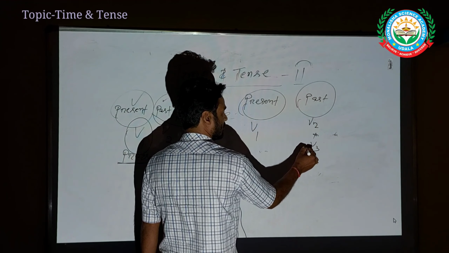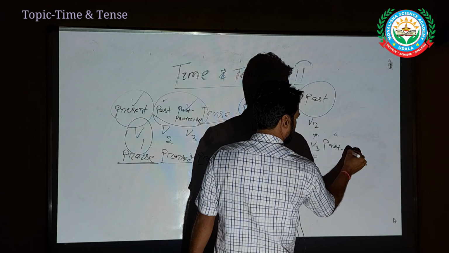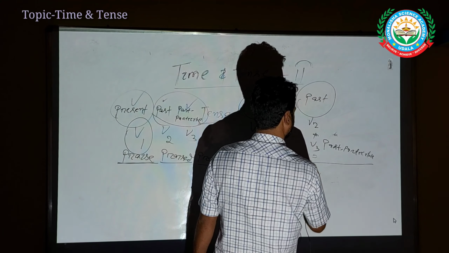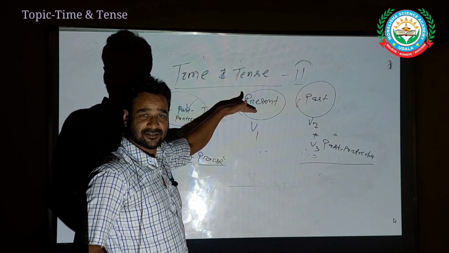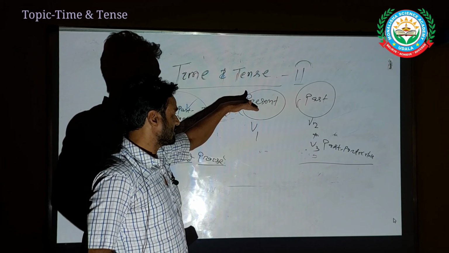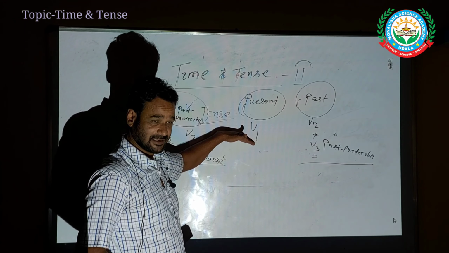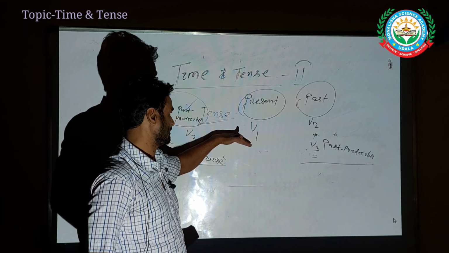And this V3 is called past participle. So present tense. Tense means what? I have said different forms of verbs. Tense means verb, we can say also. Simply to say, we can say that tense is a verb pattern, right?